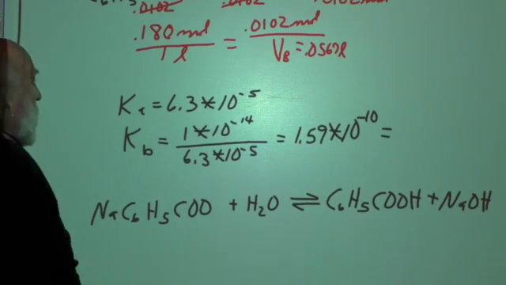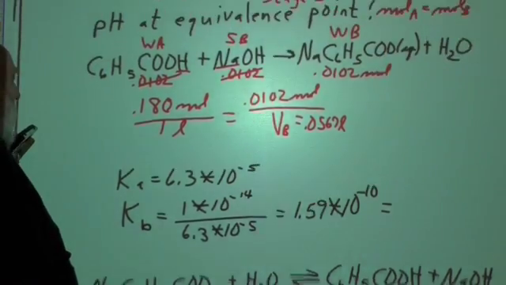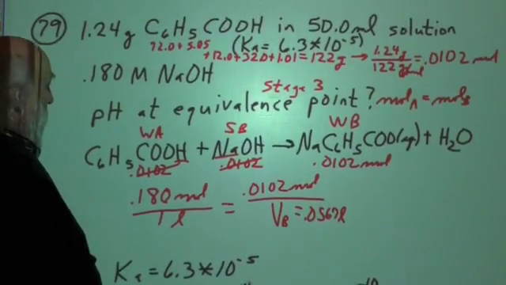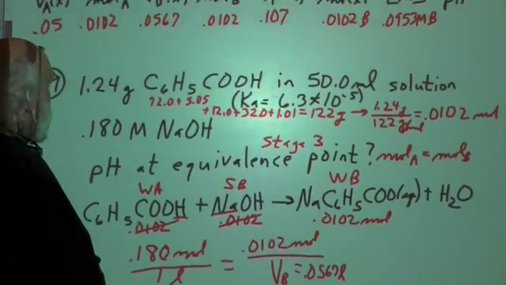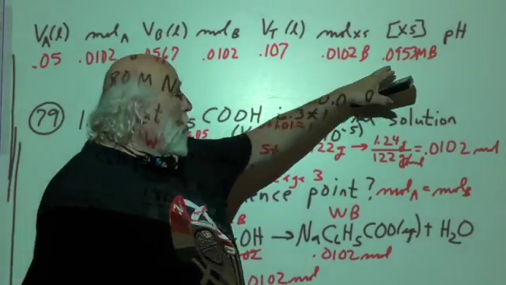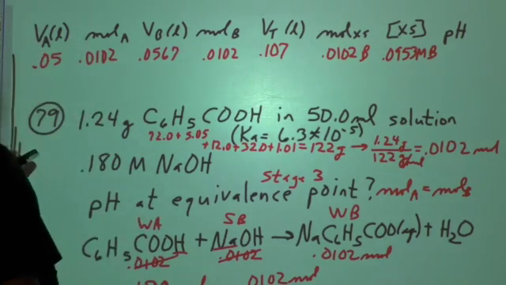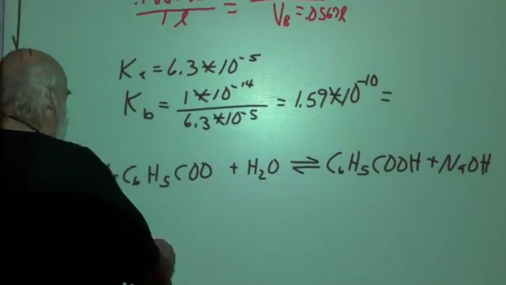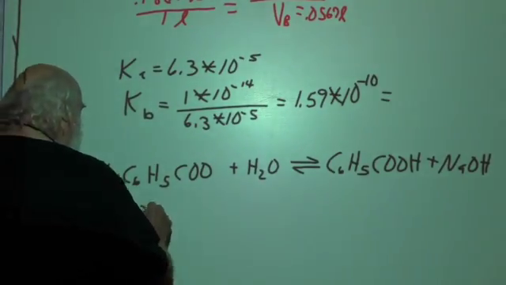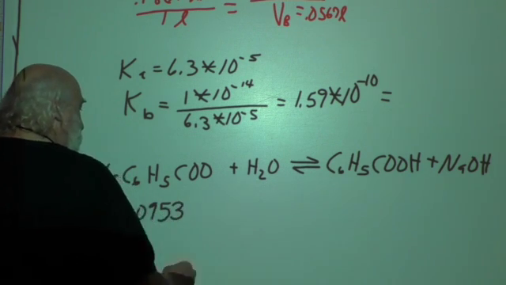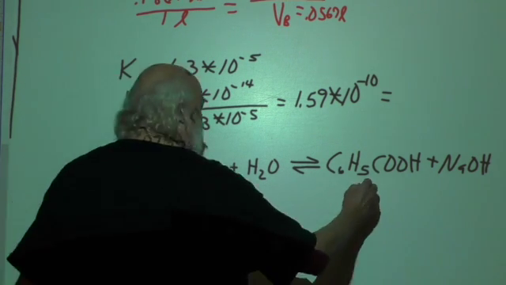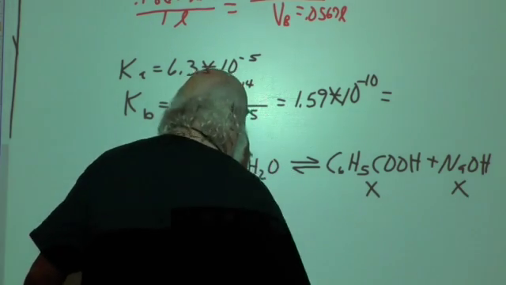Okay, so that means then that I'm going to start with 0.0953 of concentration of the base. I'm going to lose X here, I'm going to gain X here, and I'm going to gain X here.